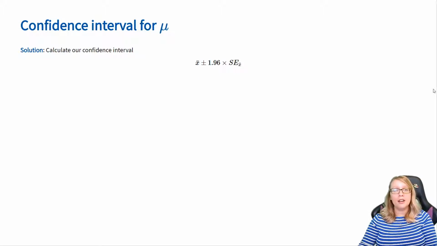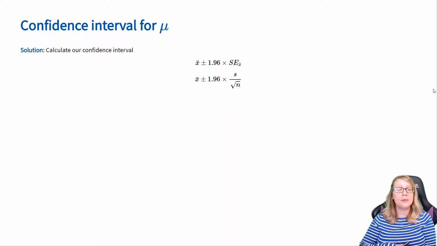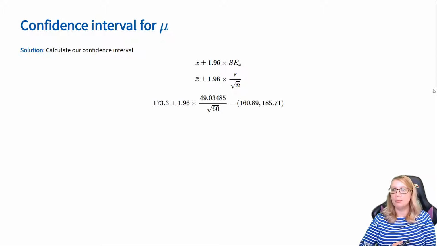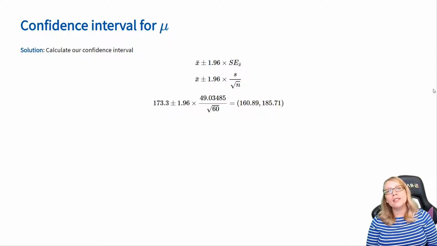To calculate the confidence interval, we'll take the sample mean, add and subtract 1.96 times the standard error, which will look like this. We don't know what the population standard deviation is, so I'll just estimate it from my sample. So we get 173.3 plus or minus 1.96 times the standard deviation over the square root of the sample size, and this is the range we get.